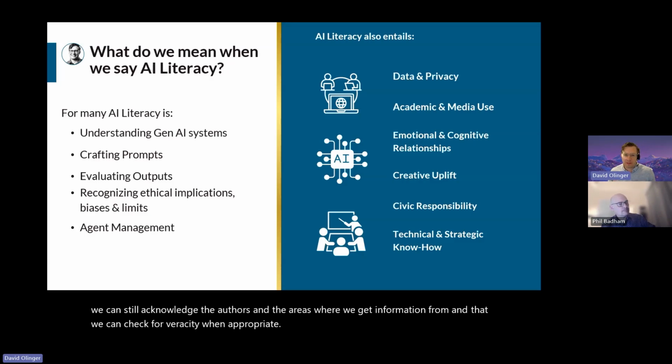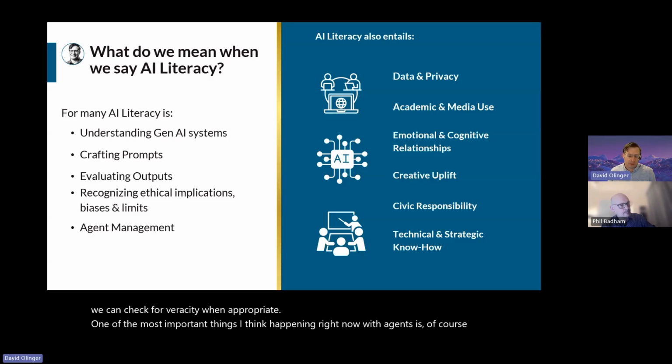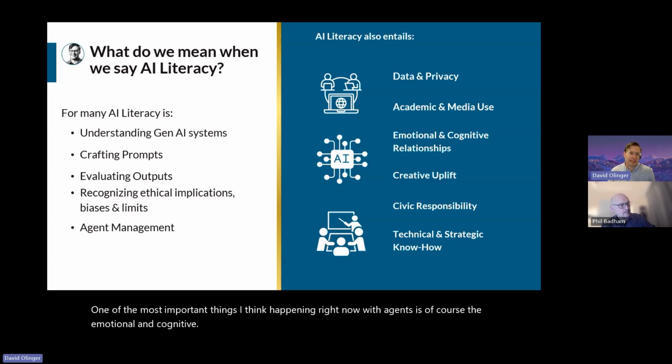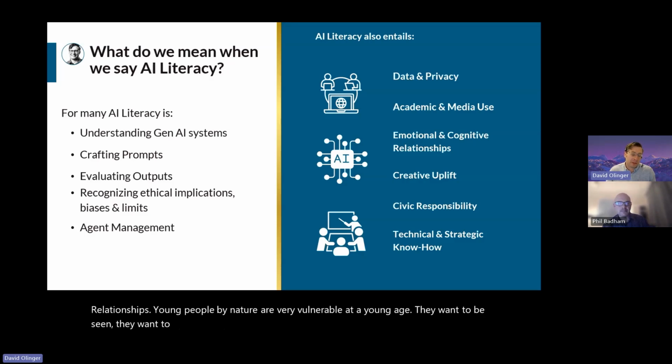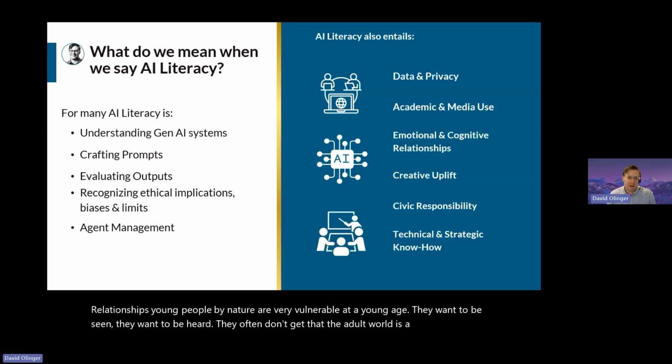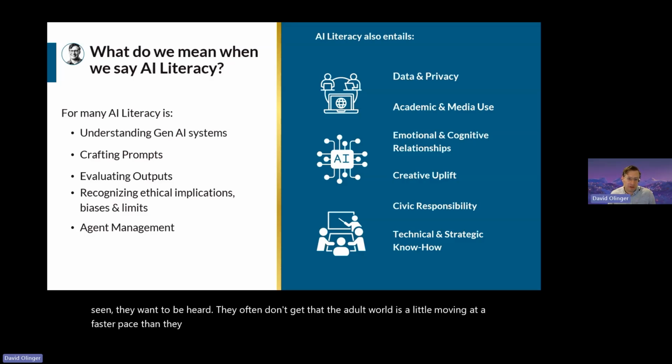One of the most important things happening right now with agents is, of course, the emotional and cognitive relationships. Young people by nature are very vulnerable at a young age. They want to be seen, they want to be heard. They often don't get that. The adult world is moving at a faster pace than they want, and so some people are turning to these chatbots for companionship, as opposed to going to real human relationships.